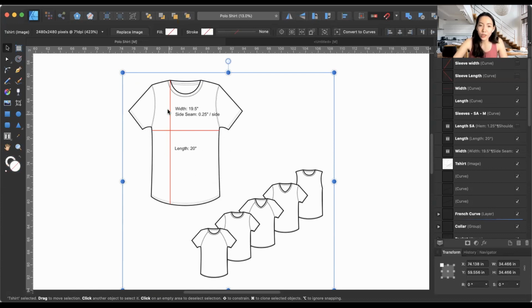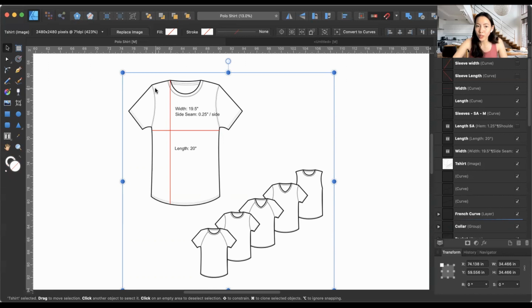And for the length, you're also going to need to add some sewing allowances. Here in the shoulder area, you're going to be sewing this part to the back, so you're going to need a sewing allowance here. And if you notice on the hem of your shirts, there is a fold at the bottom, so you're going to need to add some allowance for that fold.